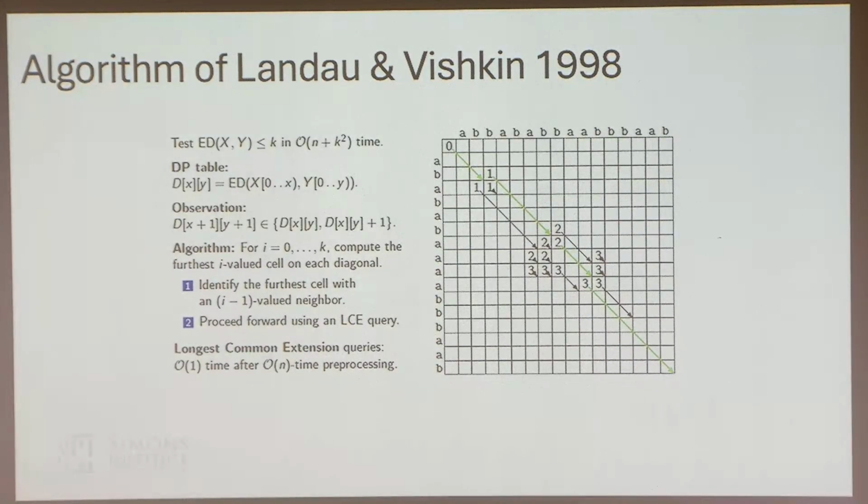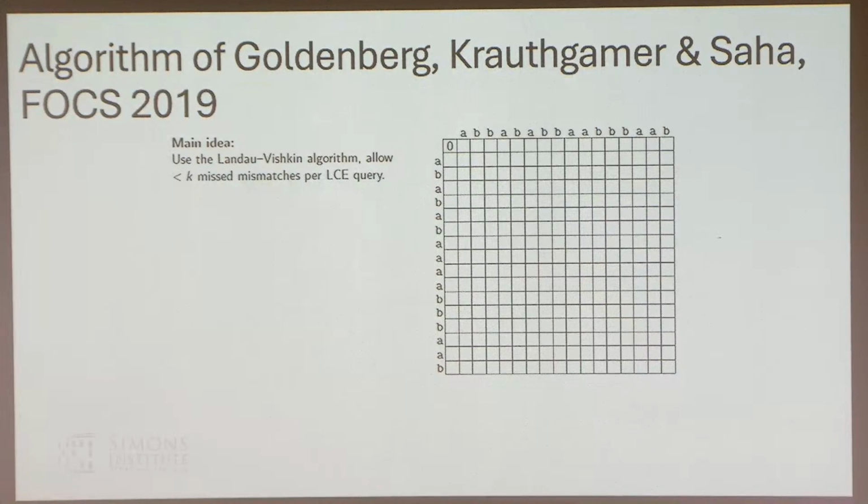So this is the algorithm that motivated us to design our first sublinear time algorithm. We are going to follow Landau and Vishkin's algorithm. What could be a very natural extension of it? Previously, in Landau and Vishkin's algorithm, we were computing the LCE queries exactly.